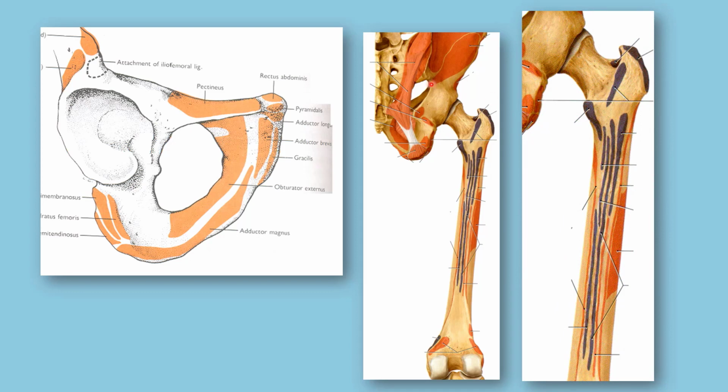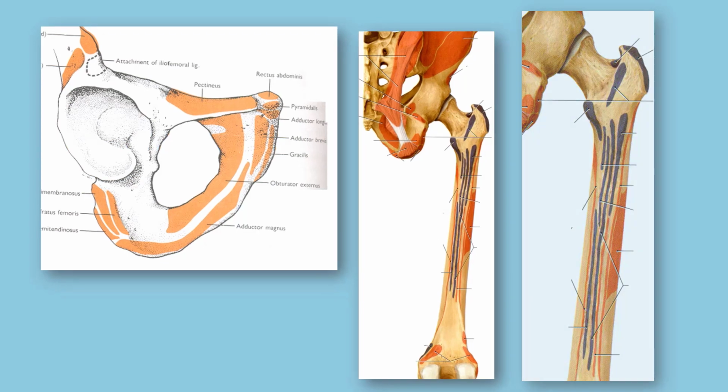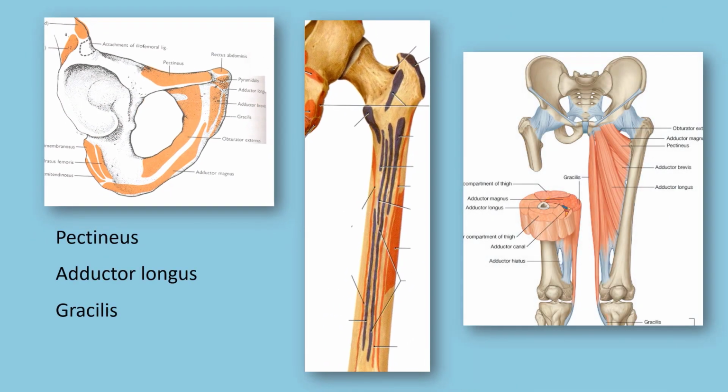This is the same picture magnified. Let us look at the different muscles and where they take attachments. Pectineus, adductor longus and gracilis. We know that these are the superficial group of muscles and they are in the same plane.